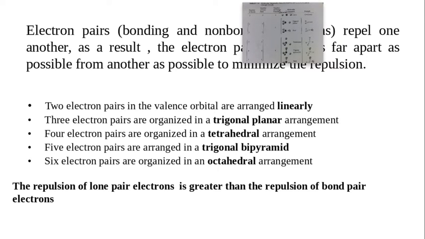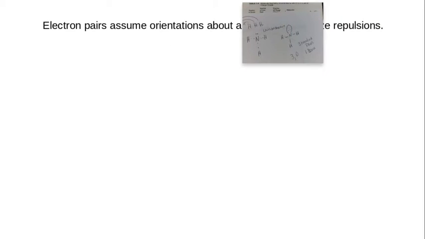Really, the repulsion of the lone pair is greater than the repulsion of the bonded pair, which takes up a lot more room. On my diagram of ammonia, you'll see this lone pair is taking up so much space, so it's pushing these hydrogens farther down. That's because lone pairs take up a lot of room.